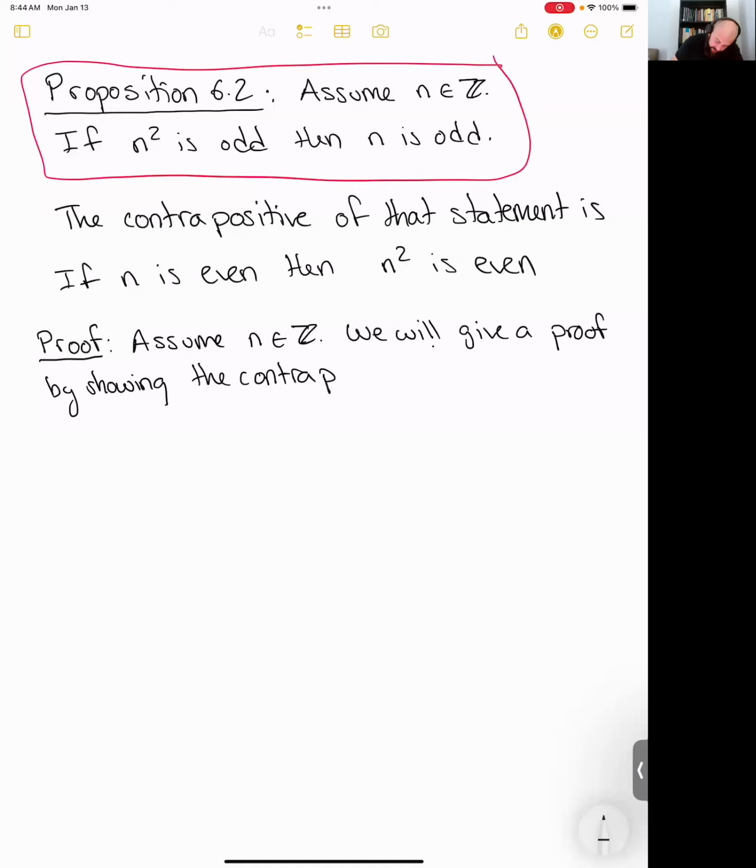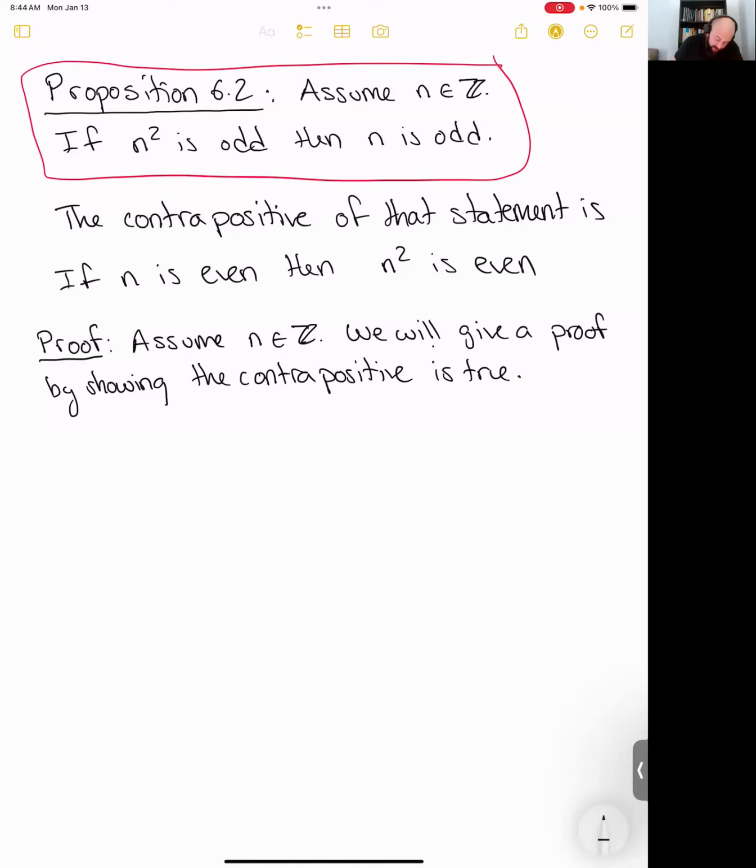So if you're going to do a proof by contrapositive, you should point this out to the reader, that that's what you're going to do. And anyone reading mathematics should know what you're talking about.